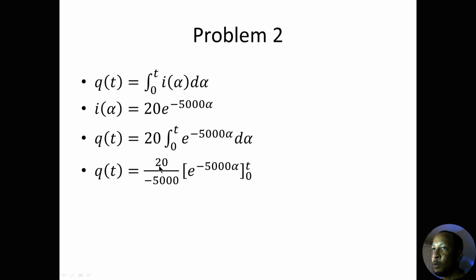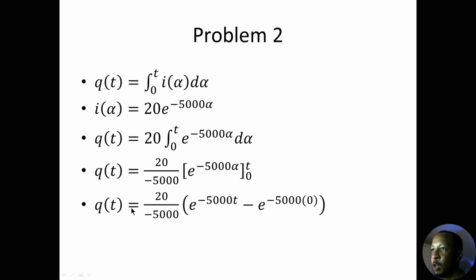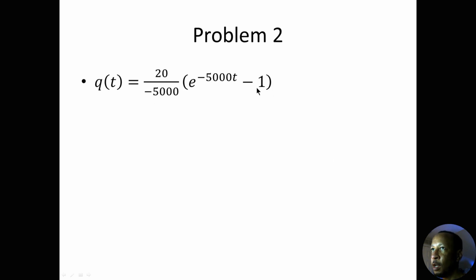And q(t) equals 20 divided by negative 5,000, and e to the negative 5,000 alpha is going to be evaluated between the limits of 0 and t. Then when we do that, we get this expression, and e to the negative 5,000 times 0 is of course going to be equal to 1. So we end up with 1 there.